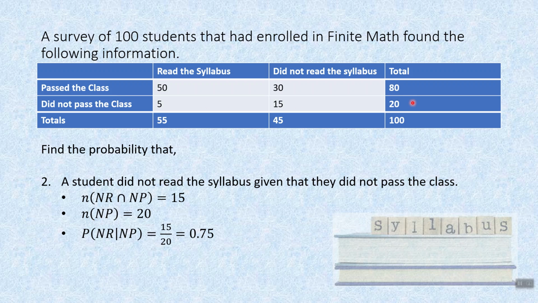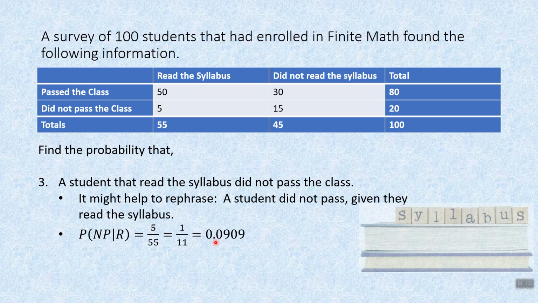There are 20. When I put it together, the probability that someone did not read the syllabus, given they did not pass the class, is 15 over 20. That's a 75% chance that they did not read the syllabus if they did not pass the class. Read the syllabus! It's never too late to read the syllabus. It could be the end of the semester. The syllabus still has good information for you.